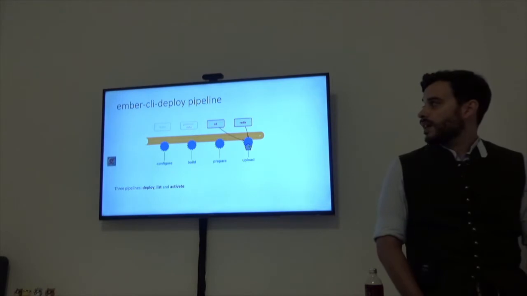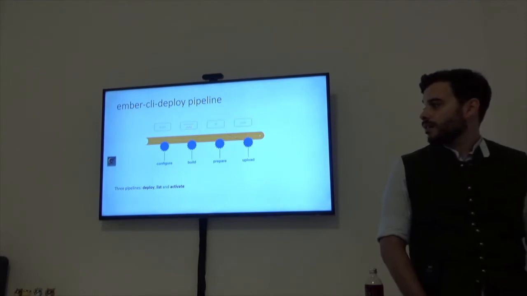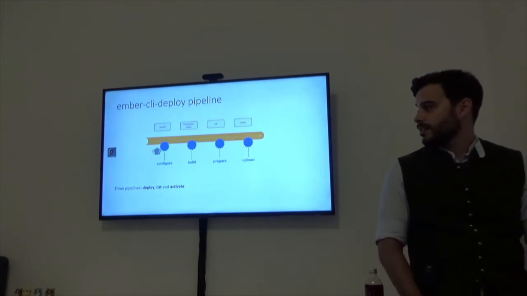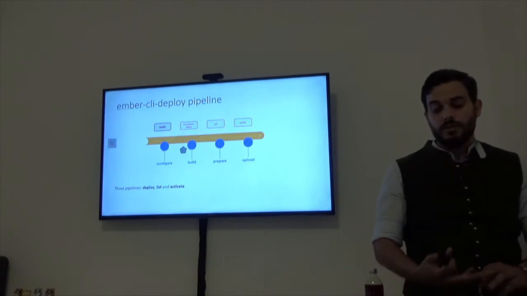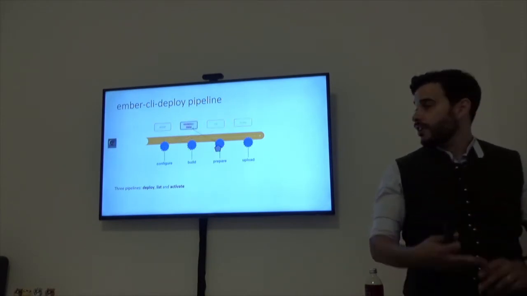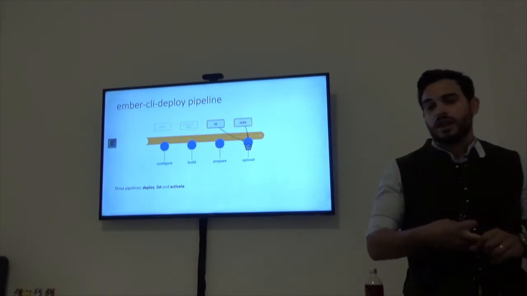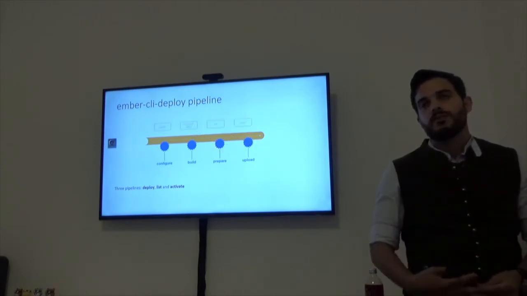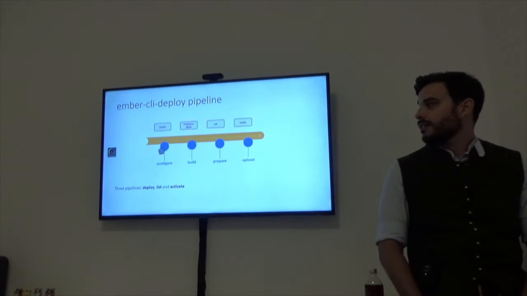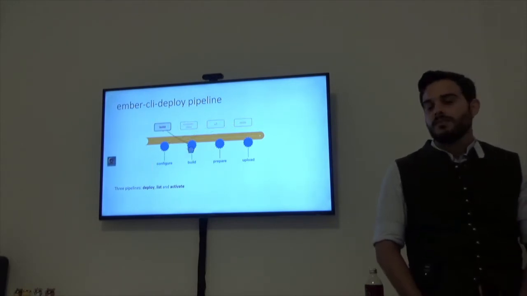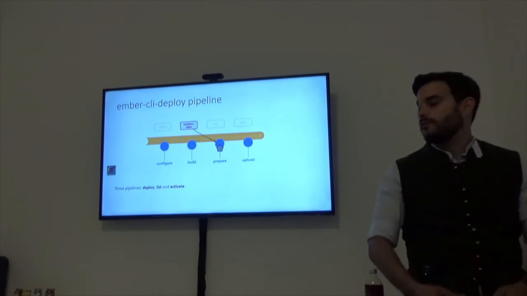That's the deploy pipeline, but actually ember-cli-deploy registers 3 pipelines: the deploy pipeline, the list pipeline, and the activate pipeline. The deploy is used to actually upload files. The list is used to show the available revisions of your application. And the activate pipeline can be used to activate or switch around revisions that have been uploaded before.